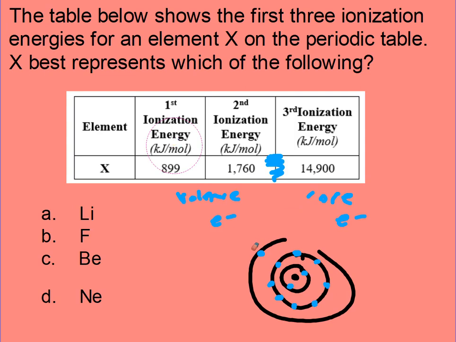That was my first ionization energy. I've removed a second electron. Notice that this third electron is going to be much closer to the nucleus, so that's why it requires way more energy to remove. So I'm looking for something that has two valence electrons, which would be beryllium.